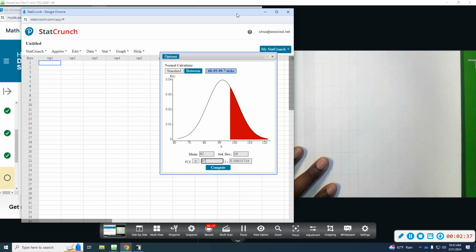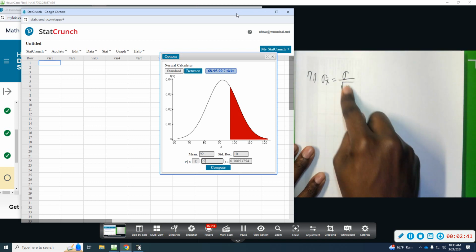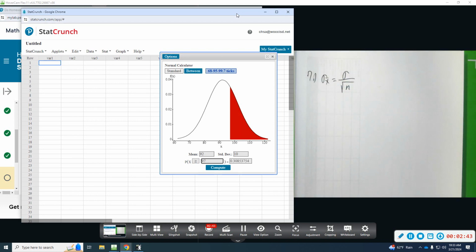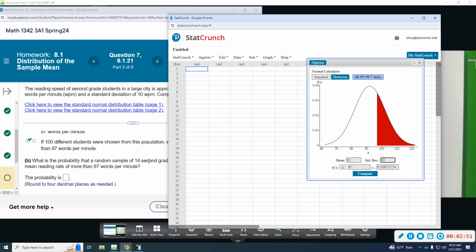And so I'm going to put that into StatCrunch, and then I'll leave everything else the same. So my standard deviation, which was 10, I'm going to divide by a sample of size 14. Divide by, and I'm going to do SQRT, and then 14.